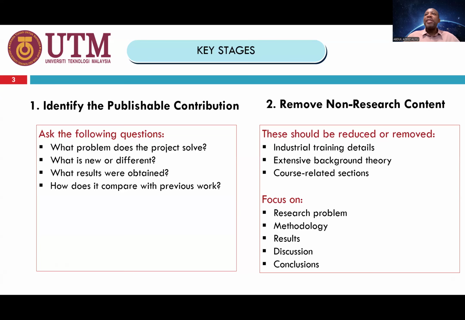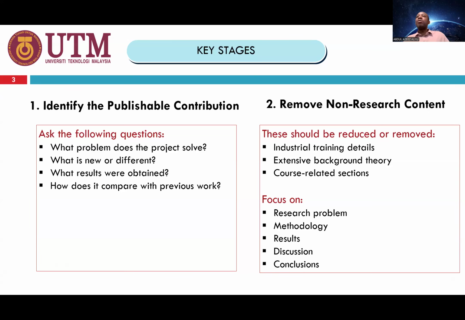Prior to this, you look at the FYP project itself, and you need to remove some content from the project. That's the first stage. Most of the projects, especially FYP projects, might contain some industrial training details, some extensive background theory, and also some course-related sections.